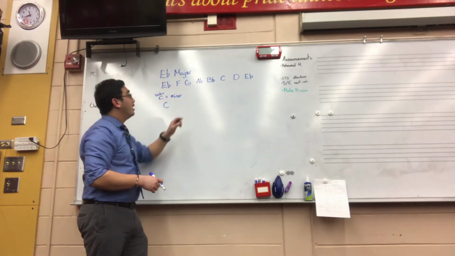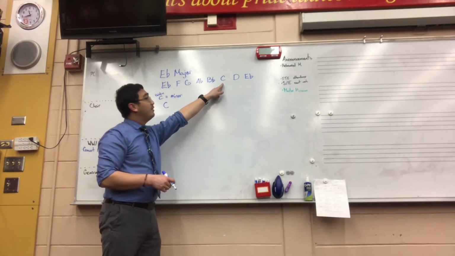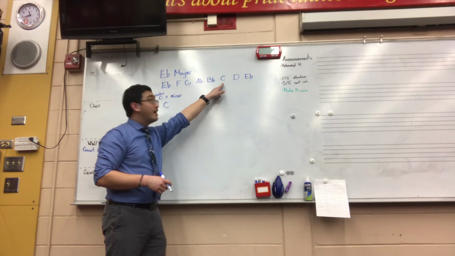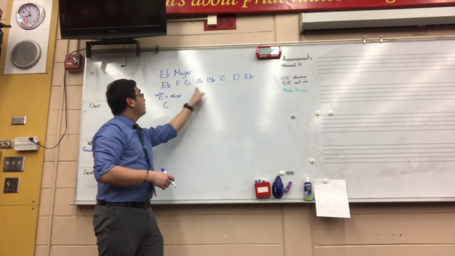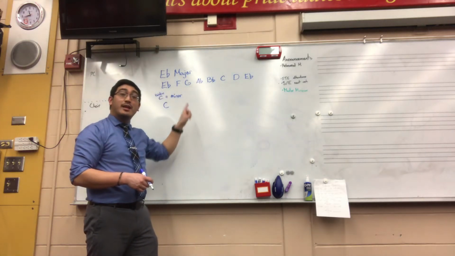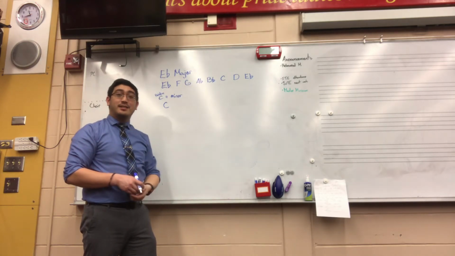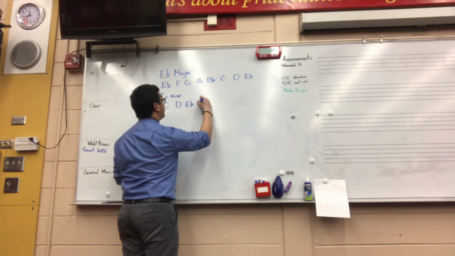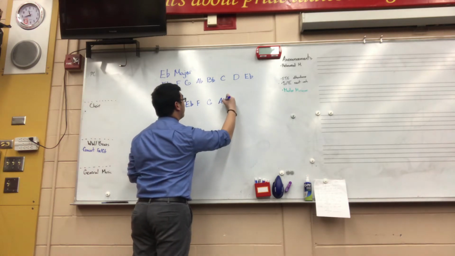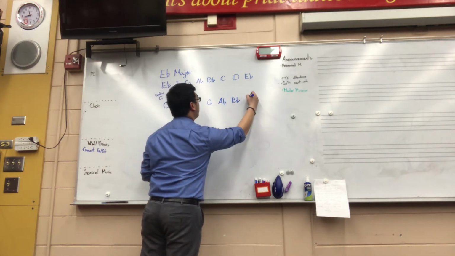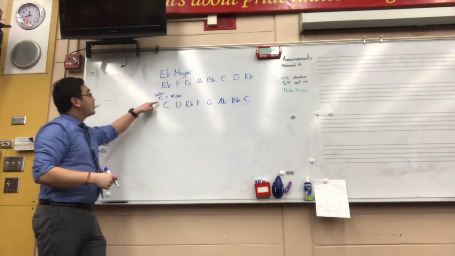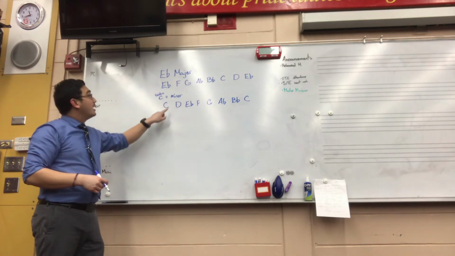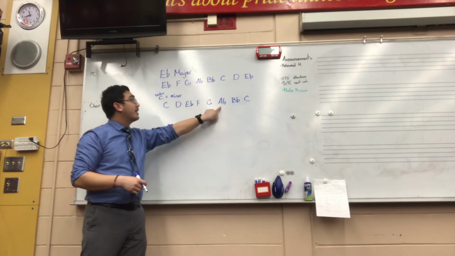So I'm just going to start in the key of E flat major, starting on C, and just copy the notes because C minor and E flat major have the same key signature. So C natural minor has E flat, A flat, and B flat.